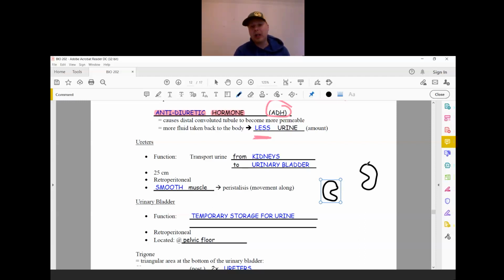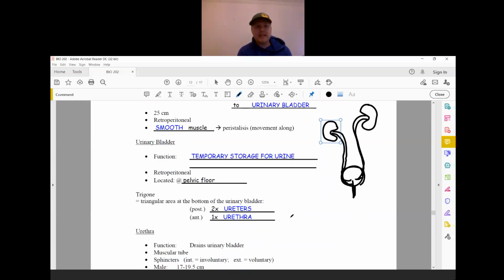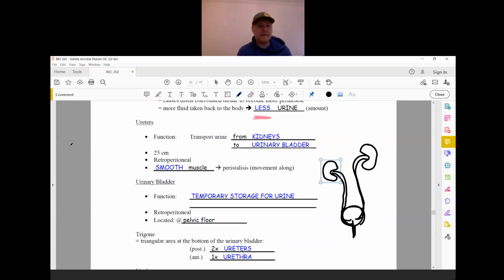Then from the kidneys, the ureters come out. And ureters lead to the urinary bladder, to the base of it. And from the urinary bladder, we have our urethra. So let's discuss these.